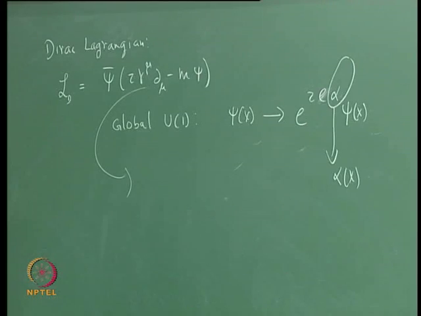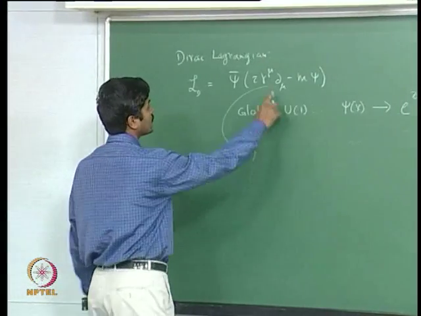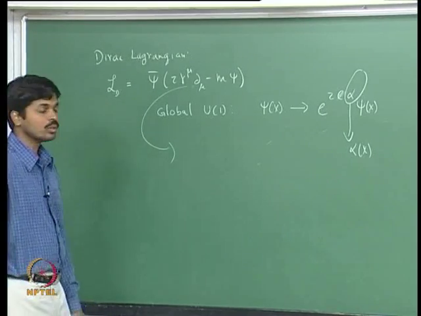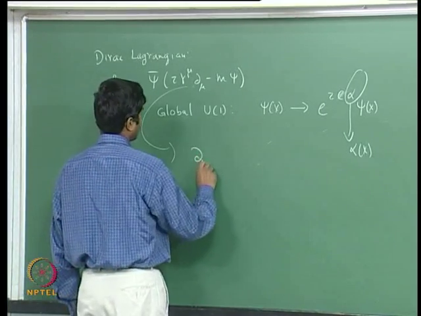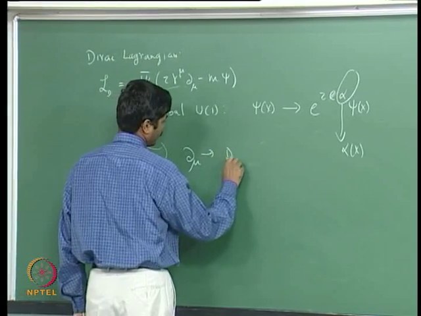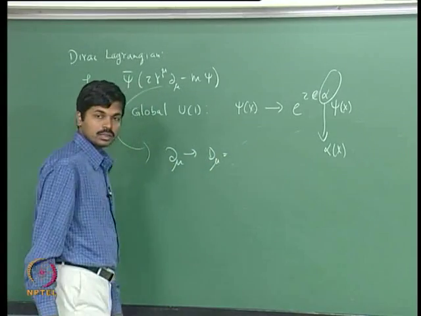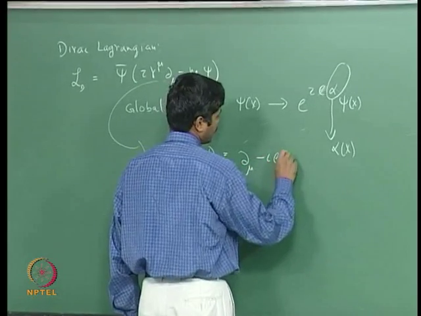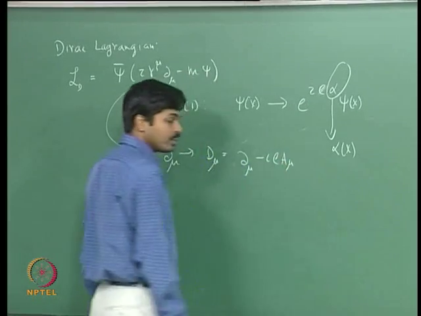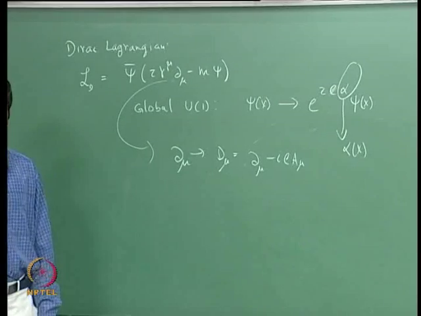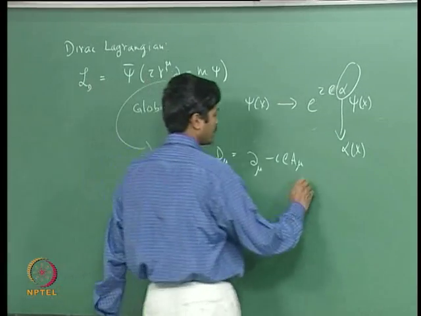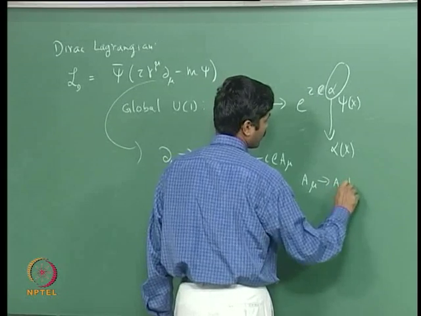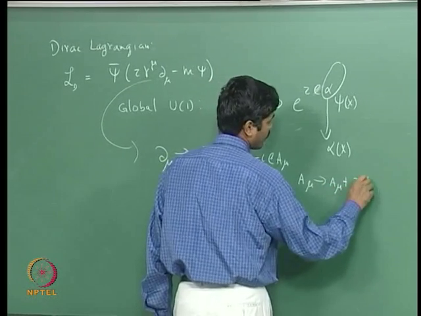How do you modify this? You just change the partial derivative to the covariant derivative. So ∂_μ goes to D_μ, which is ∂_μ − ieA_μ, where A_μ is the gauge field, which transforms under gauge transformation as A_μ goes to A_μ + ∂_μ α.